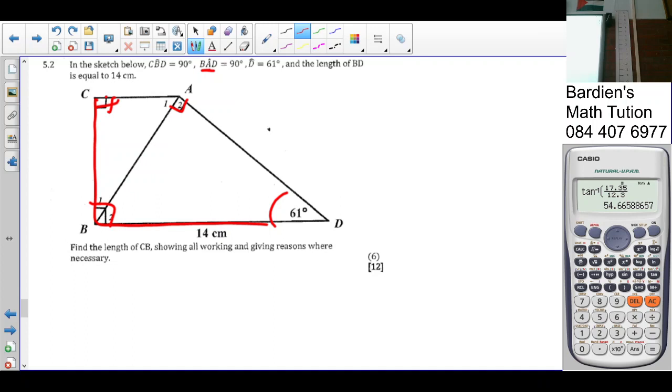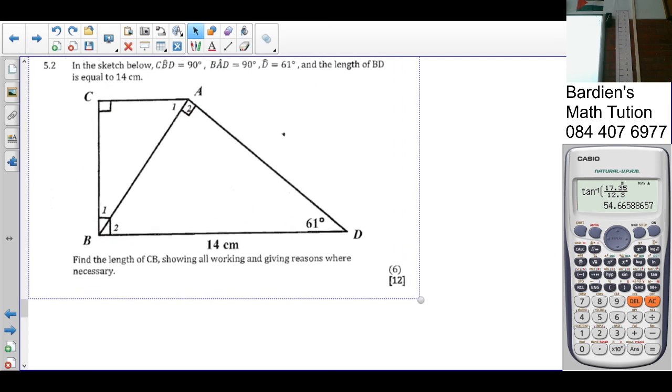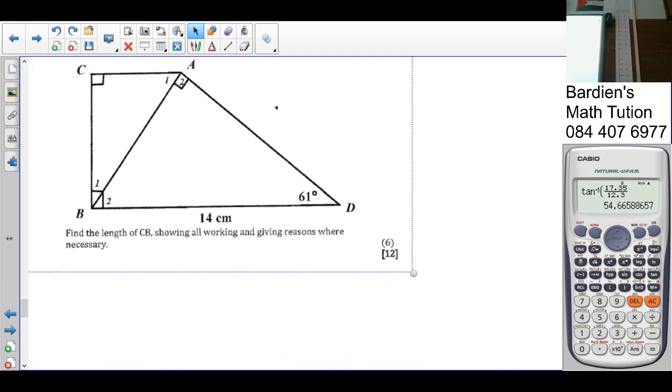The length of BD is 14 centimeters. That's it. So all the information given is on the diagram. The question says, find the length of CD.